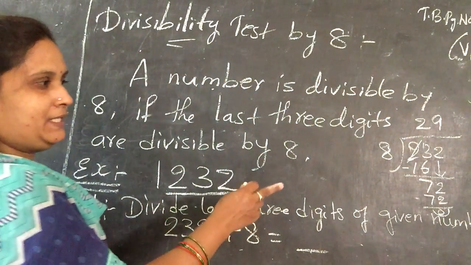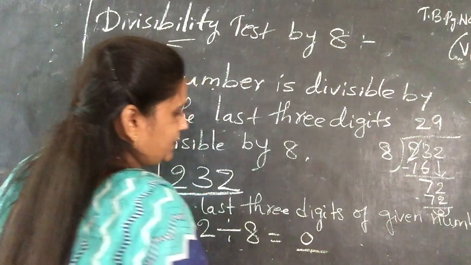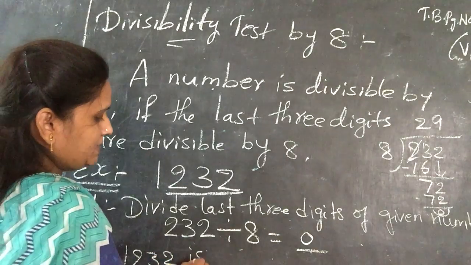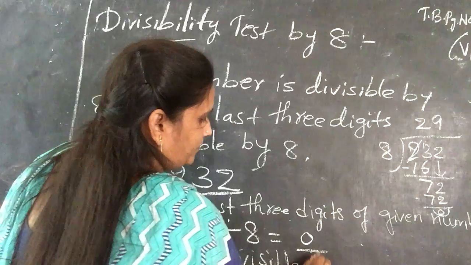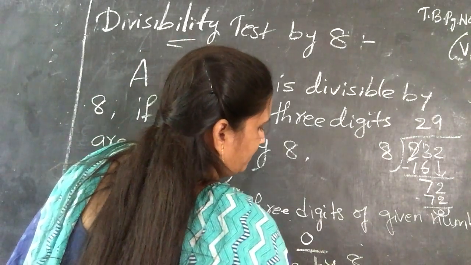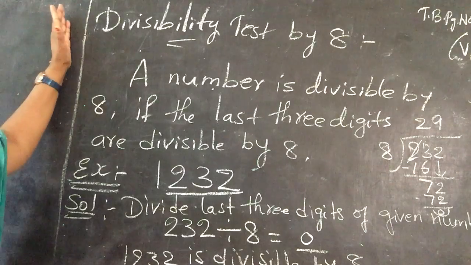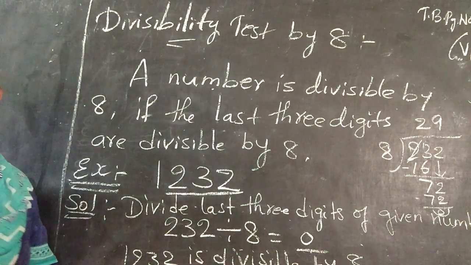So it is exactly divisible by 8. As the remainder is 0, 1232 is divisible by 8. Based on the divisibility test by 8, we do not have any sums in the textbook.